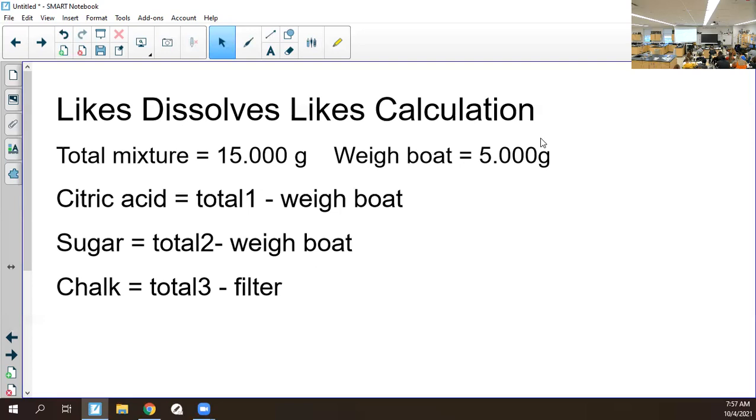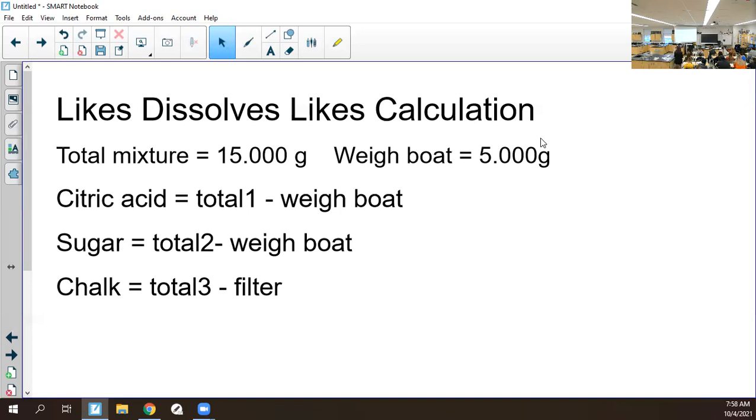So let's make sure we're paying attention here. The filter paper is 2 grams.